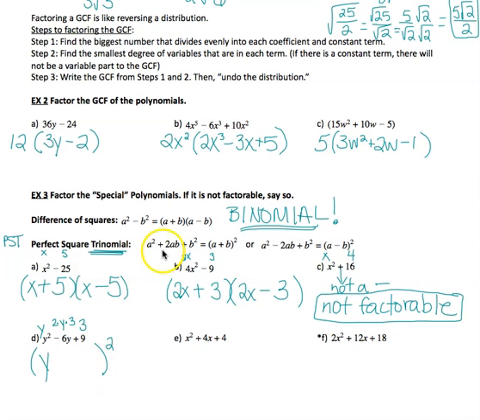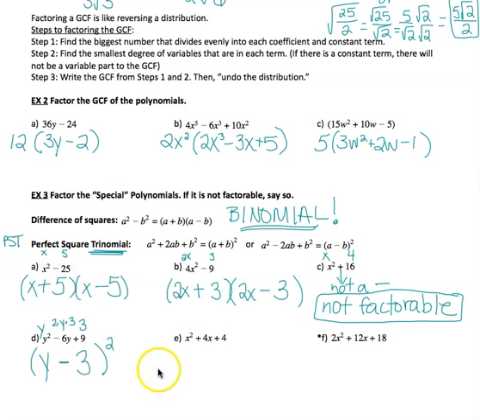The sign of the middle term is what goes in the middle. So this is a minus, means this is a minus. And then in the back, it's just the square root of the back, so that would be my 3. So y minus 3 squared is how I would factor that.